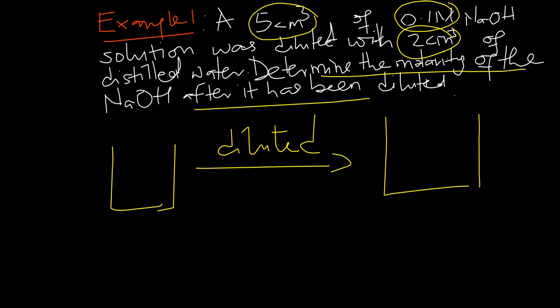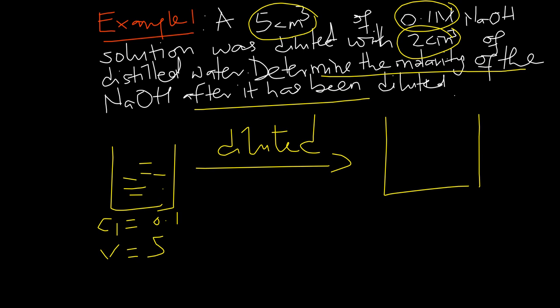So C1, the initial concentration of the solution, is 0.1 molar. Because of space, I will not write the molar, but remember it's molar. Then V1, the initial volume of the solution, is 5 cm cube. I write just 5 because the space isn't enough.